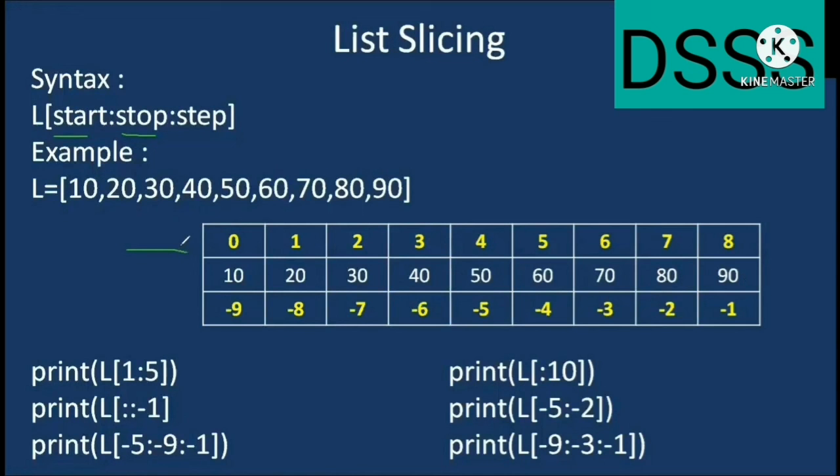Can I go increasing by 1? So the step value by default is plus 1. Start at 1 and reach 5. So what is the output? 20, 30, 40, 50. Remember, we are not going to include index 5.